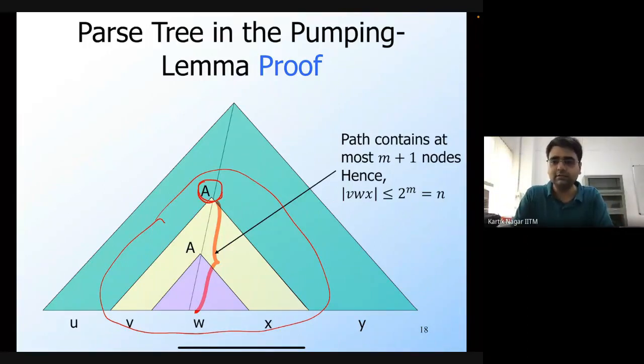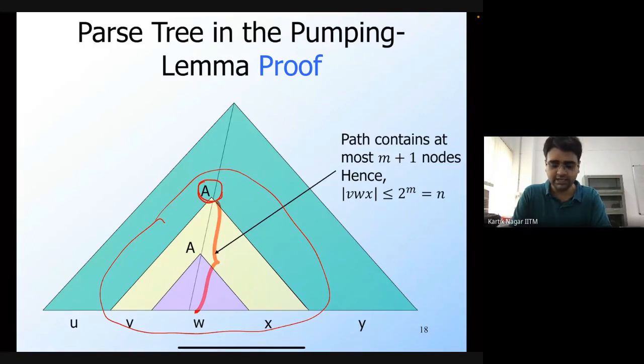So Vineet is asking, why is that a constraint? We can prove without it as well. I'm assuming you mean this vwx is less than or equal to n. Yes, that constraint is important, because whenever we use the pumping lemma in its contrapositive form, we will use this constraint extensively.